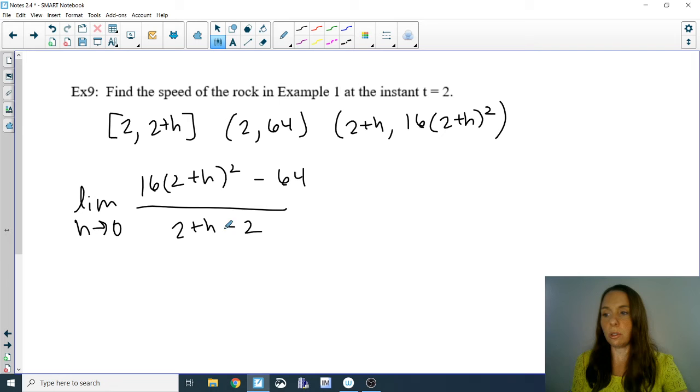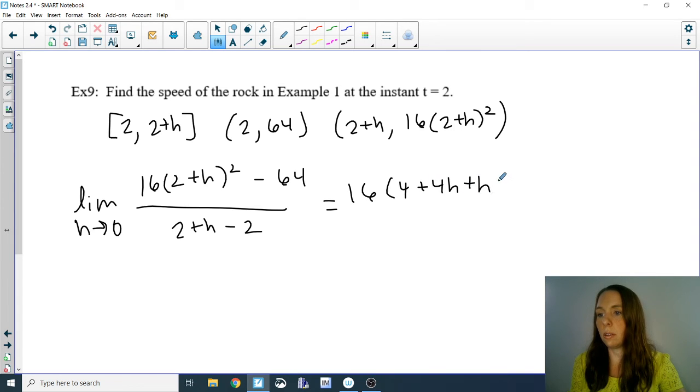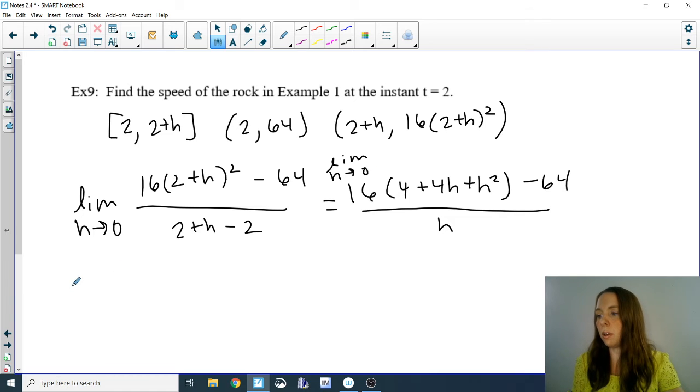You have to do what we did, which was, let's expand the 2 plus h squared. Simplify the 2 minus 2 down to h. So I have a limit here. It's good form to carry that limit along throughout.